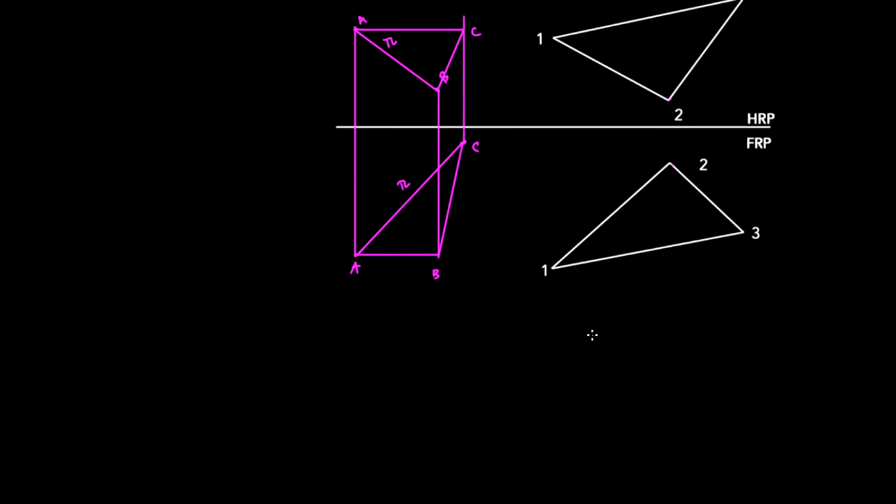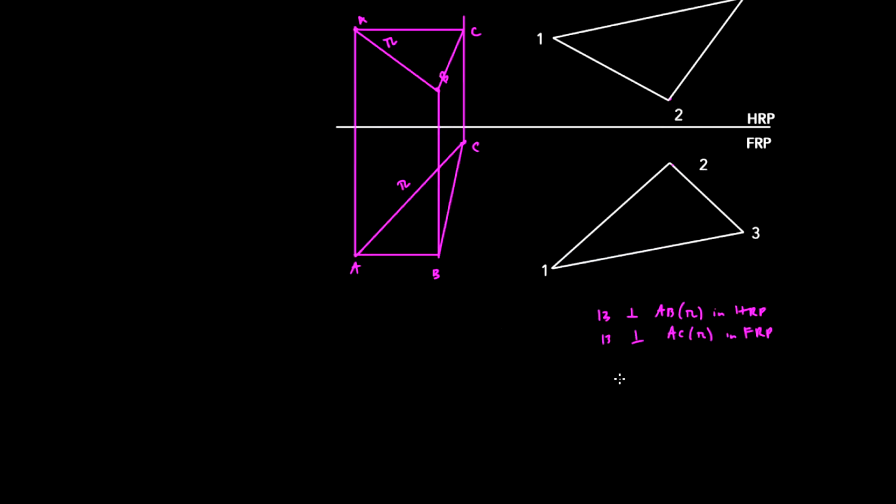And we can write our proofs, no? Ito, i-shortcut ko lang because I'm pressed for time right now. We have 1, 3 is perpendicular to AB, which is TL in HRP. Tapos 1, 3 is also perpendicular to AC, which is TL in FRP. Tama?